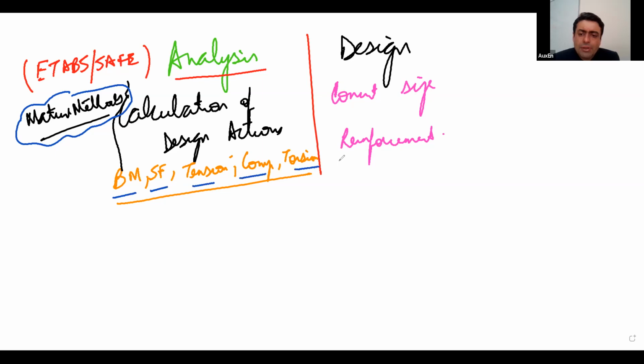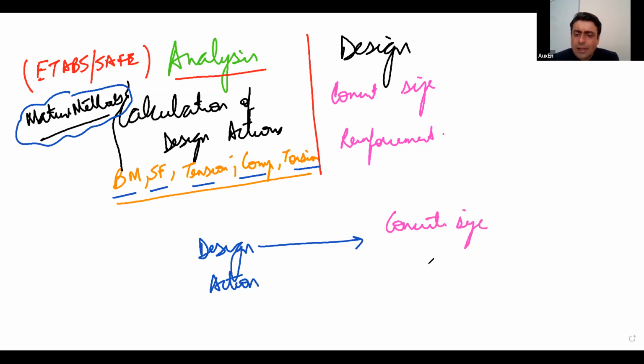Once we get these outputs, from these design actions, how do we do the sizing? How do we find out the concrete size required? And how do we find out the reinforcement? I was explaining in the last slide that we use some algorithms.